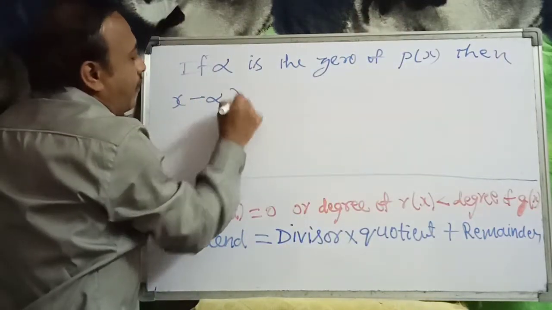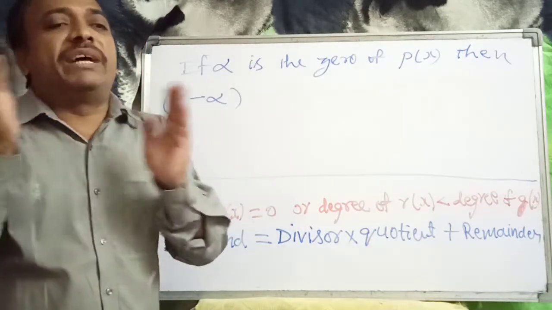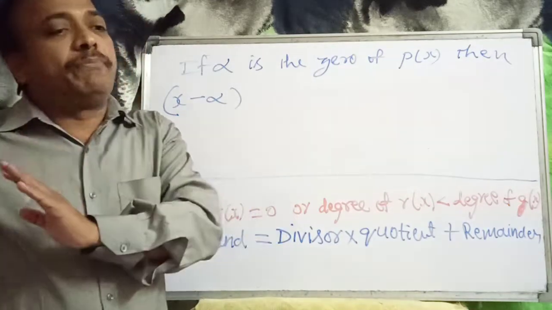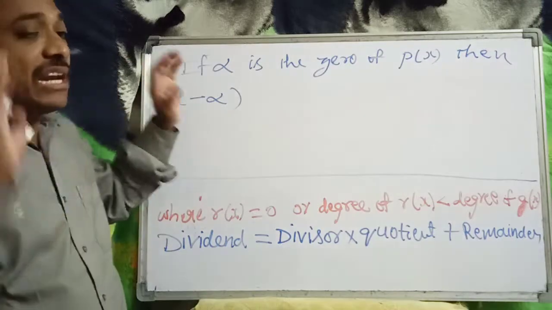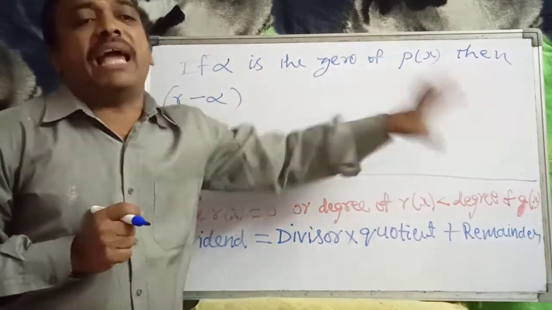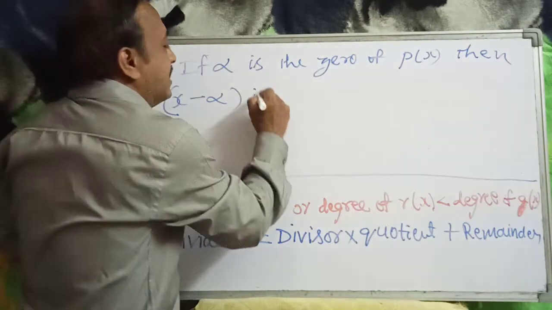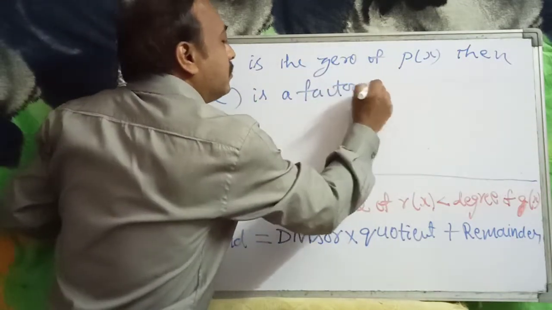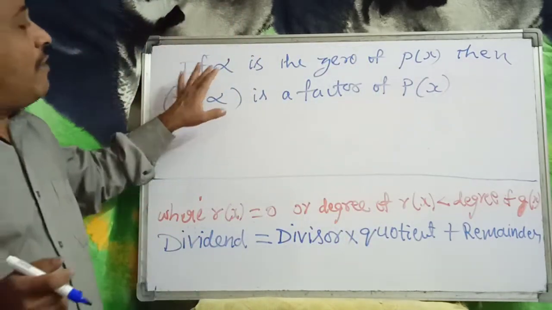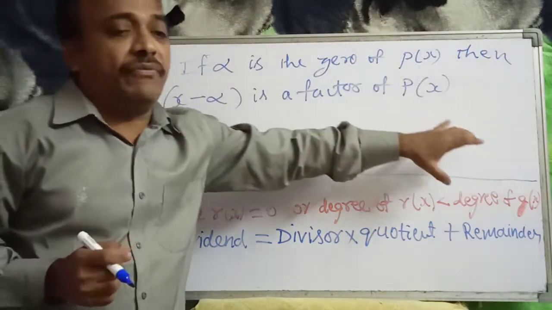x minus alpha, that is what we learned in class 9th. If a is a 0 of the polynomial, then x minus a is a factor. If b is a 0 of the polynomial, x minus b is a factor of the polynomial p of x. So in class 9th we learned, if alpha is the 0 of p of x, a polynomial in variable x, then x minus alpha is a factor of p of x.